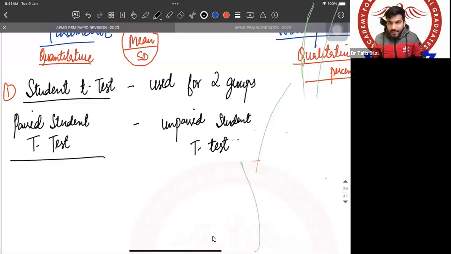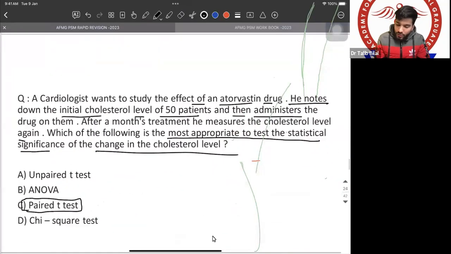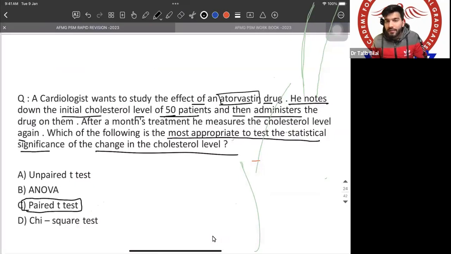What do I mean by this statement? Let me explain. Before this test, the initial cholesterol level of 50 patients was how much, my dear students? X. Okay, but then after a month of treatment with this atorvastatin drug, I am checking the same cholesterol levels in the same patients.